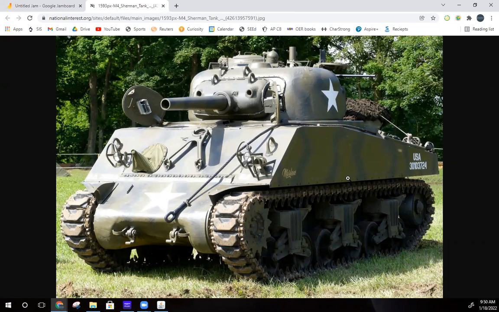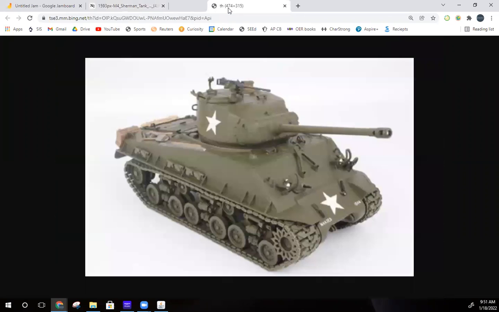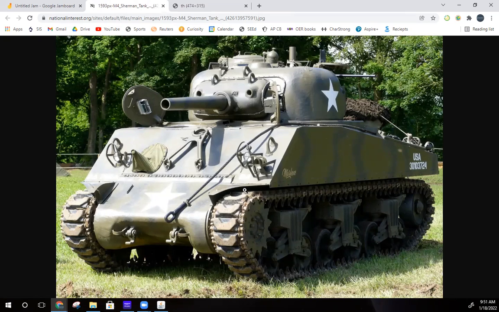Well, I can't fit this in my house. It's just not going to work. So what I need to do is find myself a model, and this model is going to fit in my house. This is just a little plastic model. The actual thing is not going to fit in my house.